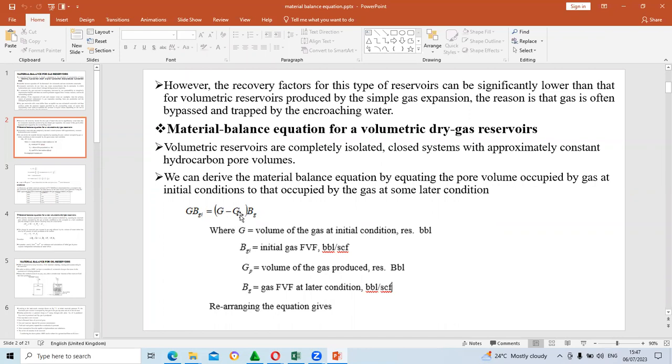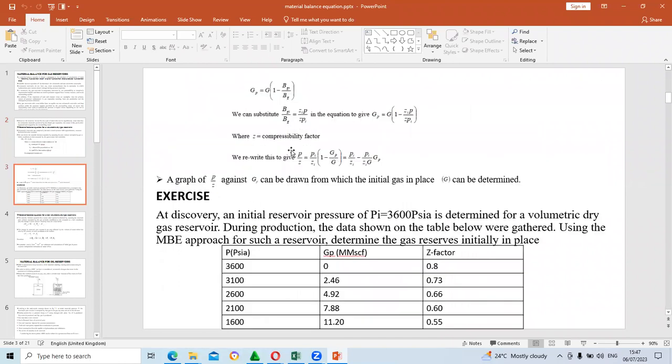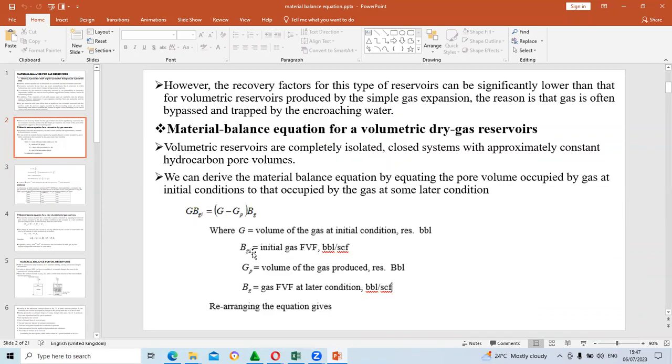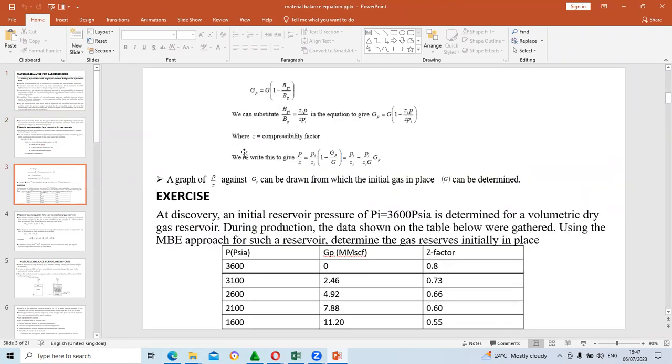This is initial, this is produced, then the difference gives us what is left. Now, if I rearrange this equation, it will give me this particular equation that I have. If I rearrange this equation that I have here, it will still be the same as this equation that we have.